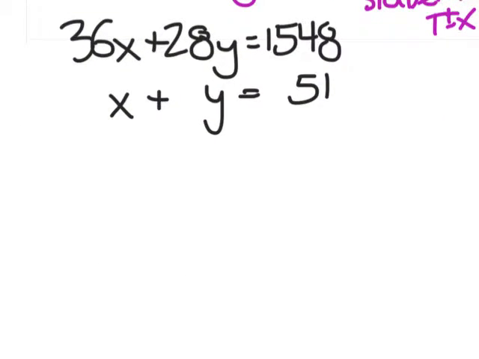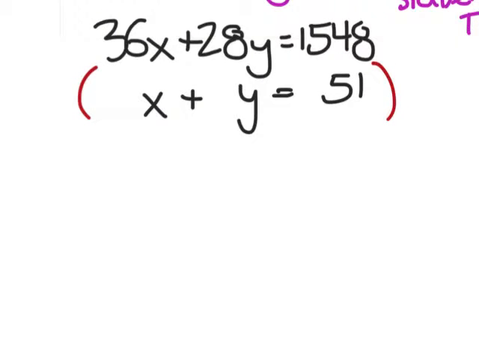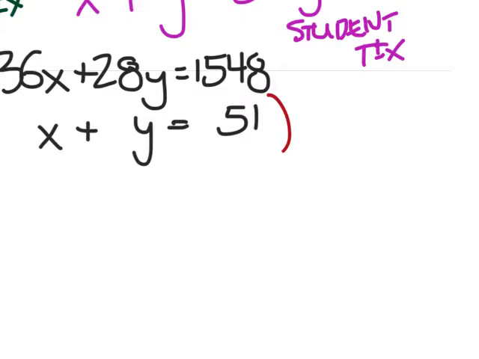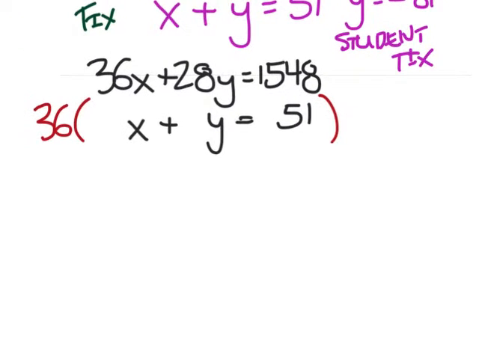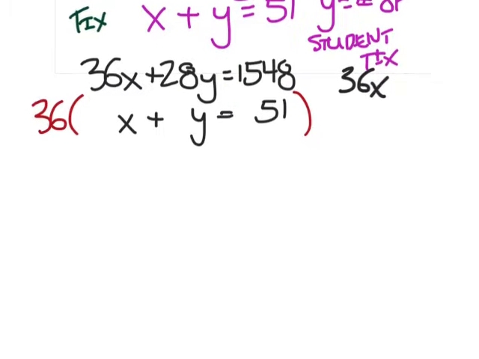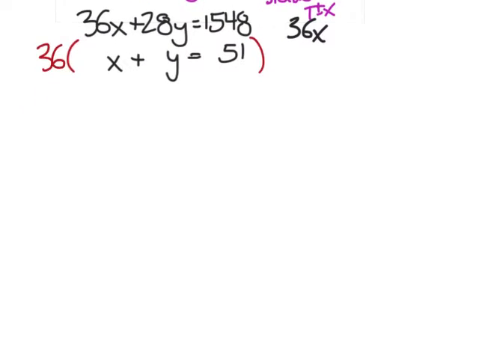Now we have this new system. We need the same coefficient, so I'm going to multiply this bottom equation. Let's choose to eliminate the x's first. So I need to multiply this bottom equation by 36. My top equation remains the same: 36x plus 28y equals 1548.